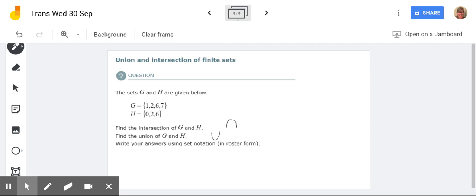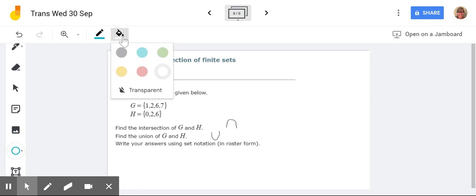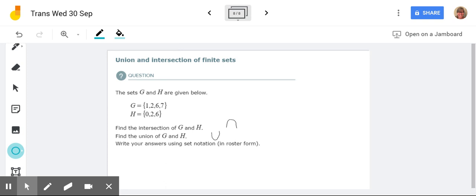So here, I'll draw little pictures really quick. I'll even make little circles. Let's make them colored. Can we fill them? We could fill them, y'all. Okay, so we got a little circle.